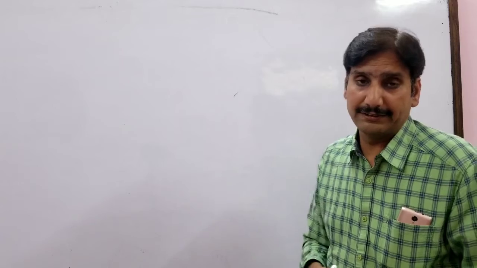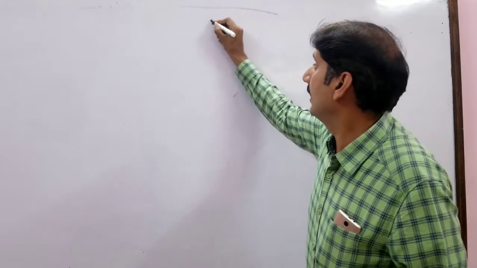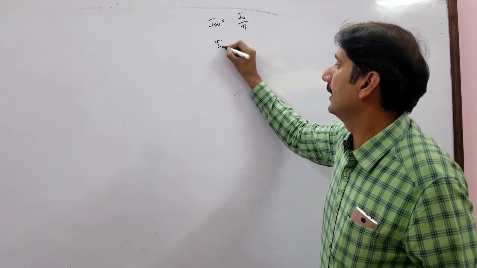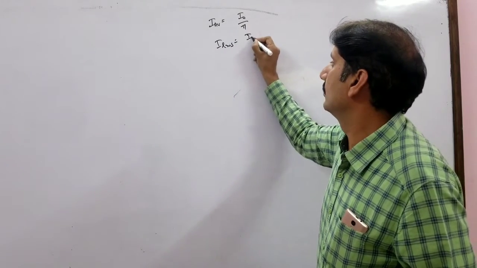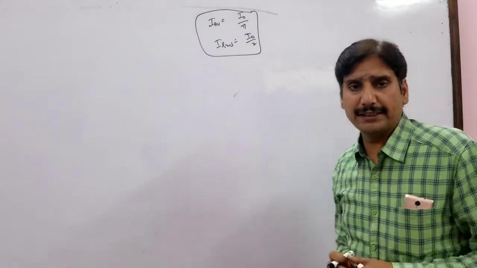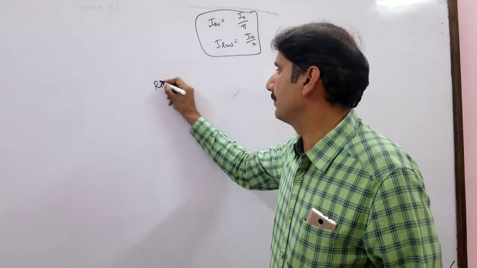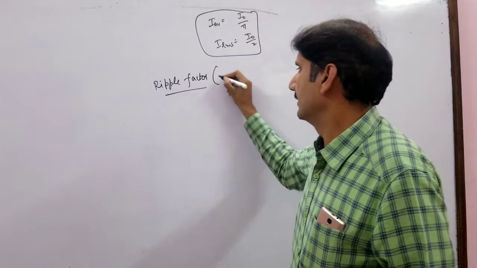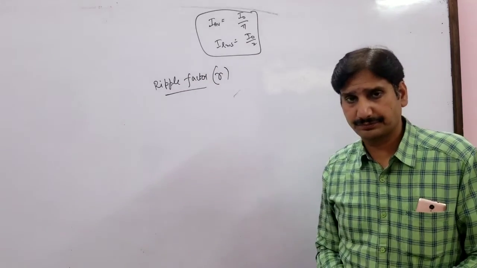For half wave rectifier, I average is equal to I naught by pi and I RMS is equal to I naught by 2. Let's define a parameter called ripple factor. It's denoted by gamma.